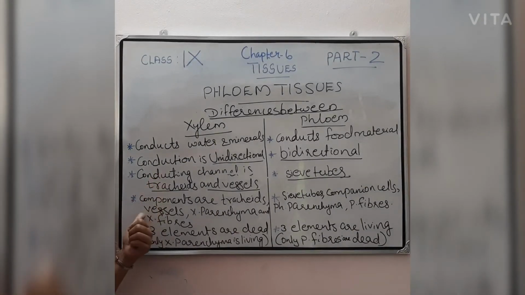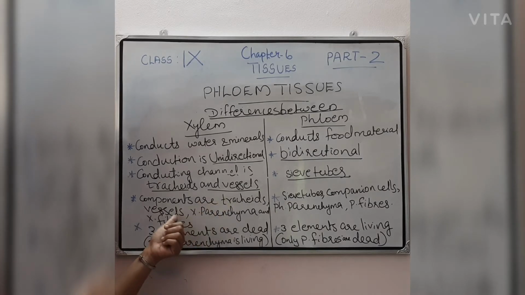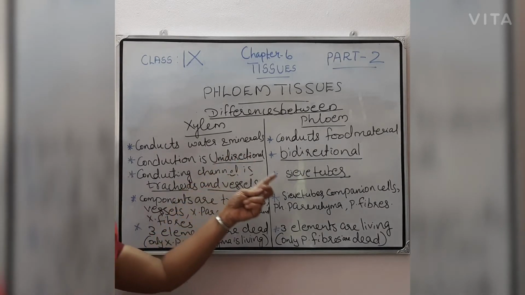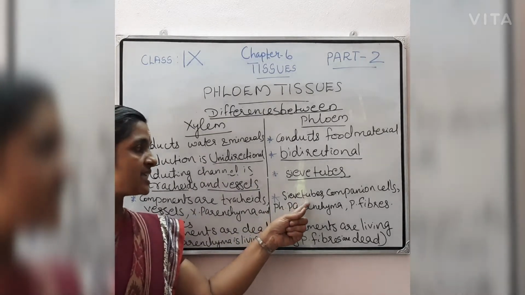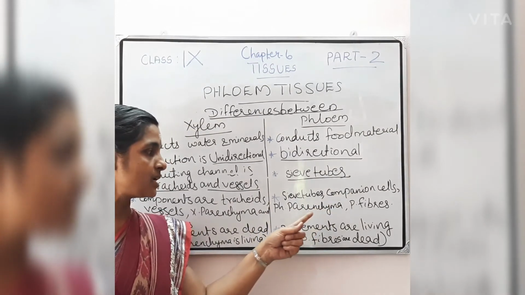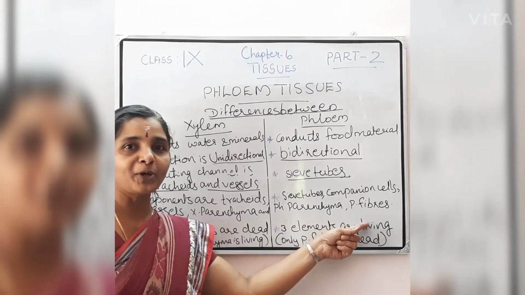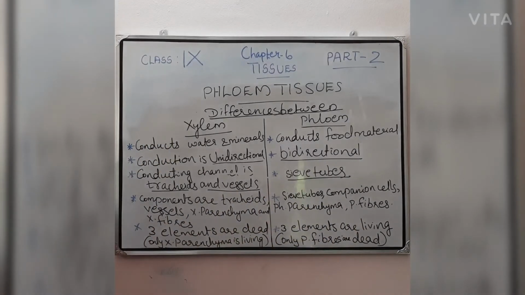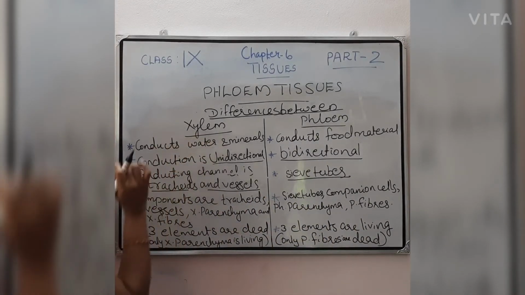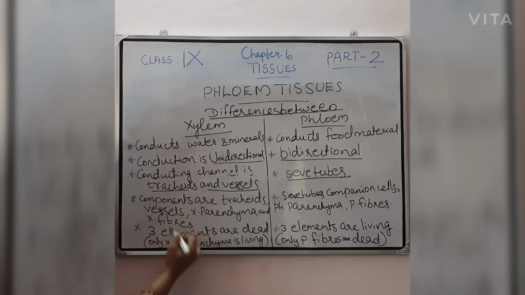Another difference is the components: xylem tissue has tracheids, vessels, xylem parenchyma and xylem fibers, whereas phloem has sieve tubes, companion cells, phloem parenchyma and phloem fibers. Next, in xylem, of these four elements, three are dead cells. Only xylem parenchyma is a living cell.